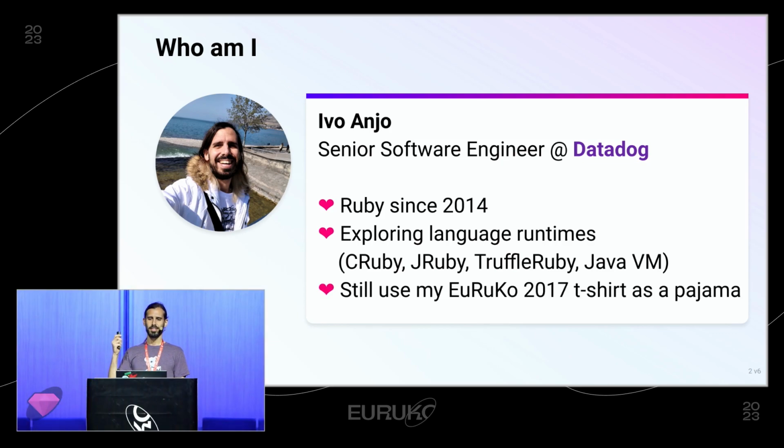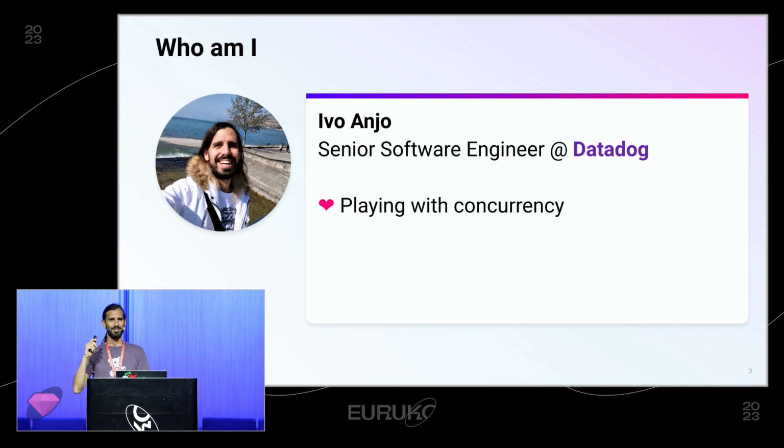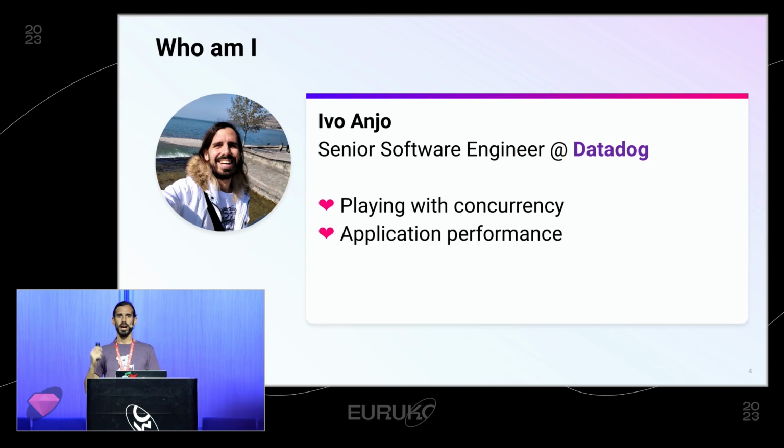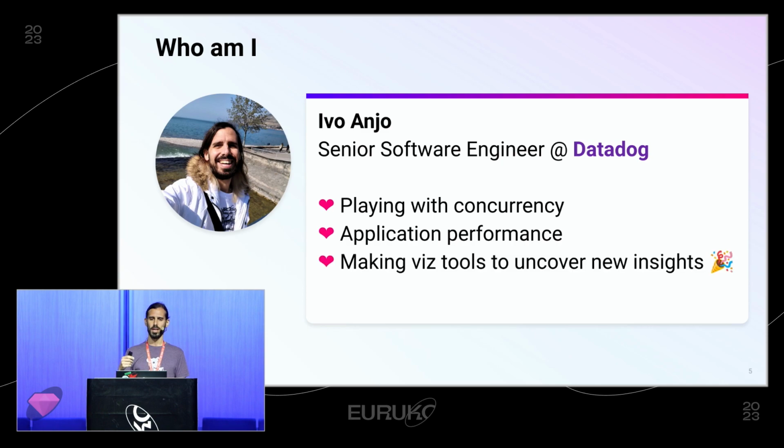I still have my Euruko 2017 t-shirt, but it's a bit old now, so I use it as a pajama now. I also enjoy playing with concurrency, which is where a lot of the things from this talk came from. And I really enjoy working on application performance, and specifically on building tools that let you look at performance in a new way and help you uncover new insights.